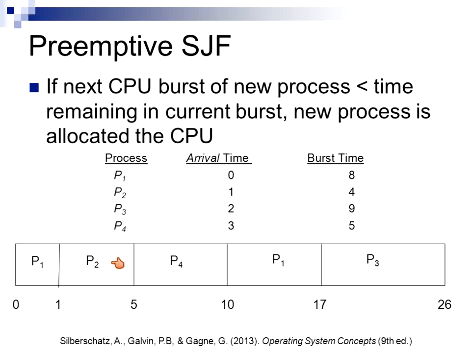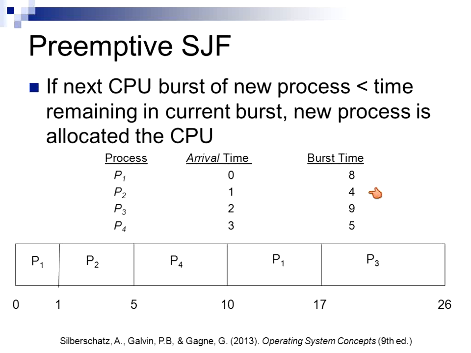So process 2 is going to get to execute its whole time, even though process 3 and process 4 enter the system. When process 3 enters, its burst time is 9, which is greater than the 4 that process 2 had, and process 4 has a burst time of 5, which is also greater than the 4 that process 2 had.